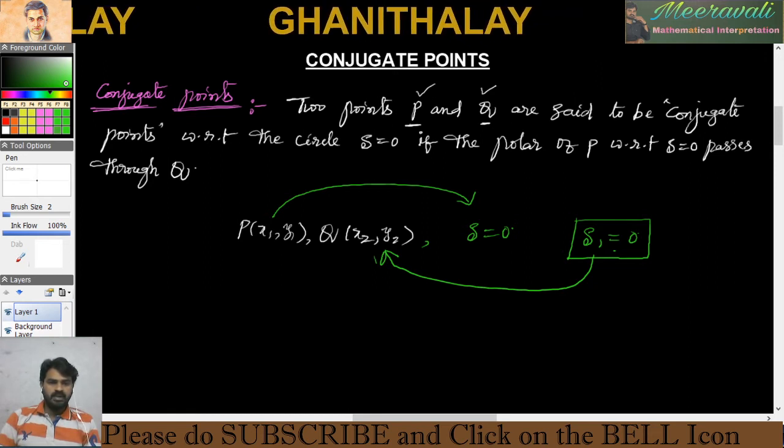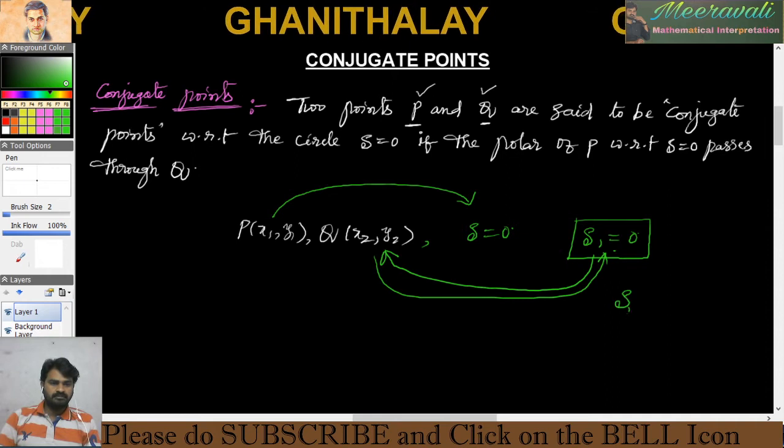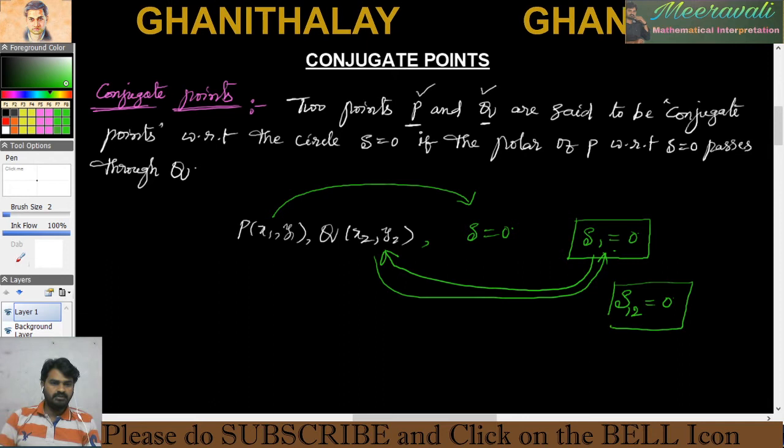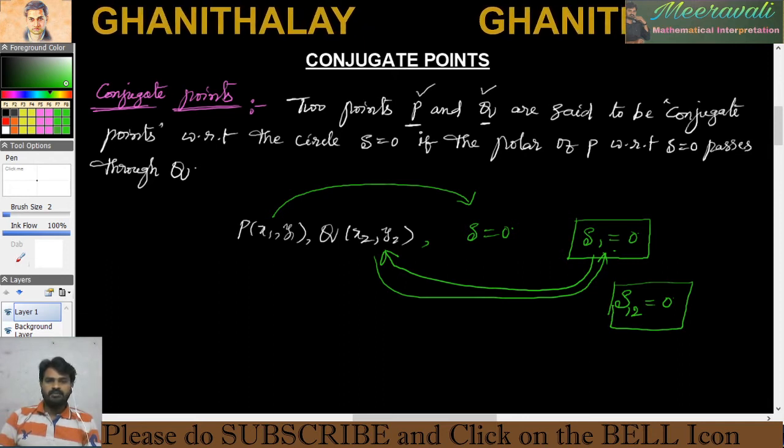That means this point can be substituted in this one, the second one, and it will satisfy. That means S12 is equal to 0. This is the concept of conjugate points.